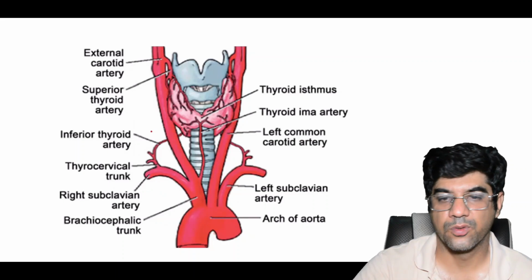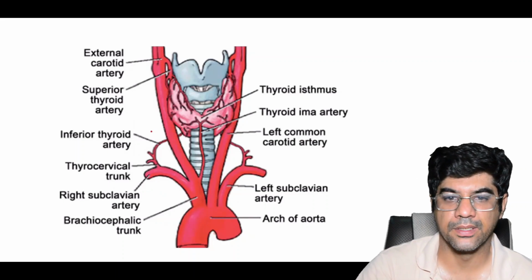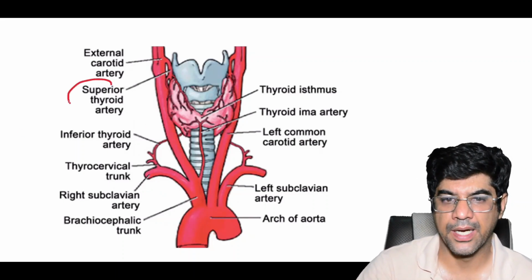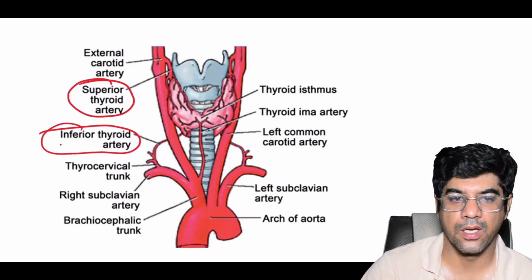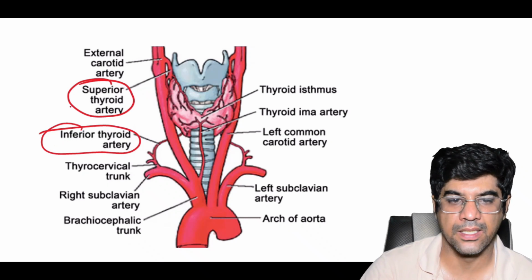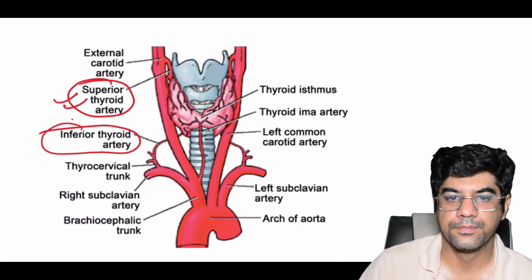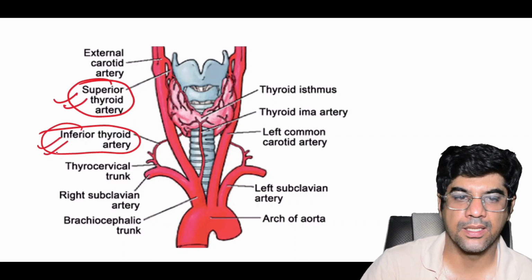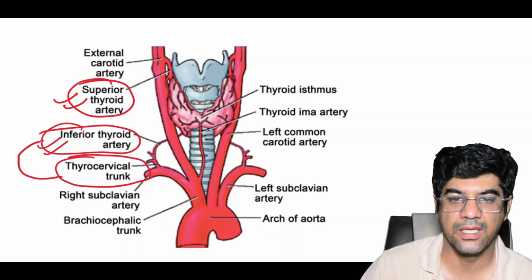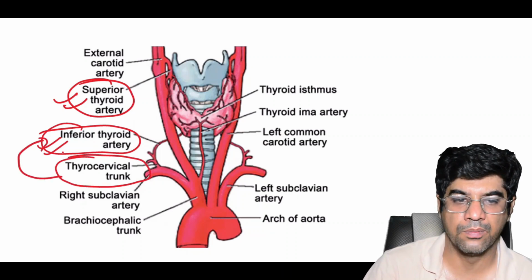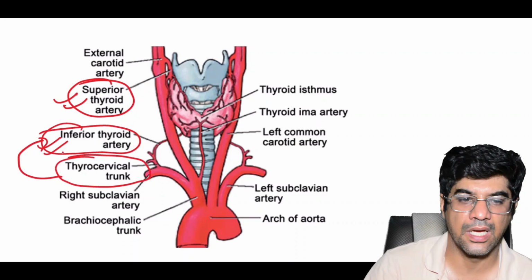Now the vascular supply of the thyroid gland, remember, is by the superior and inferior thyroid arteries. The superior thyroid artery arises from the external carotid artery, whereas the inferior thyroid artery arises from the thyrocervical trunk, that is a branch of the subclavian artery.